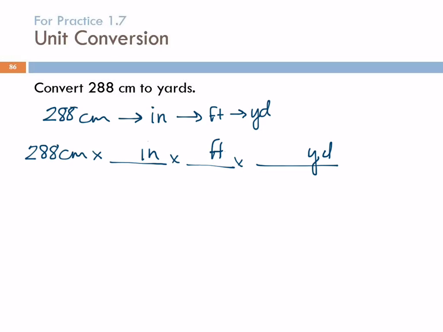So I need to divide by centimeters. Centimeters divided by centimeters cancels out. So I want centimeters down here because those will cancel out and go away. I have inches here. I need it to go away, so I'm going to divide. Inches cancel out. And then I write feet down here, and the feet will cancel out. The unit that's left is yards, and that's what I was trying to find.